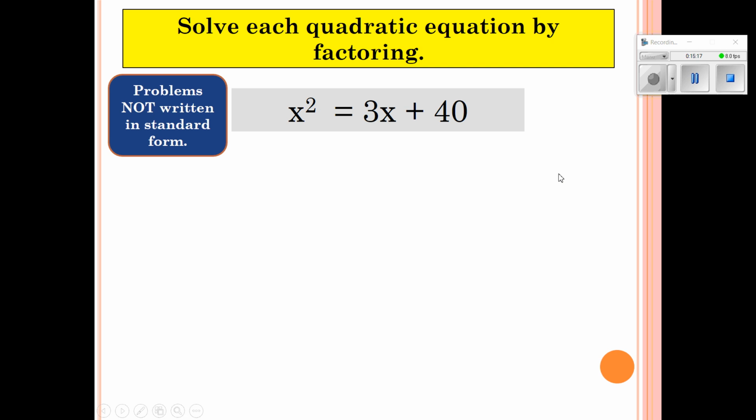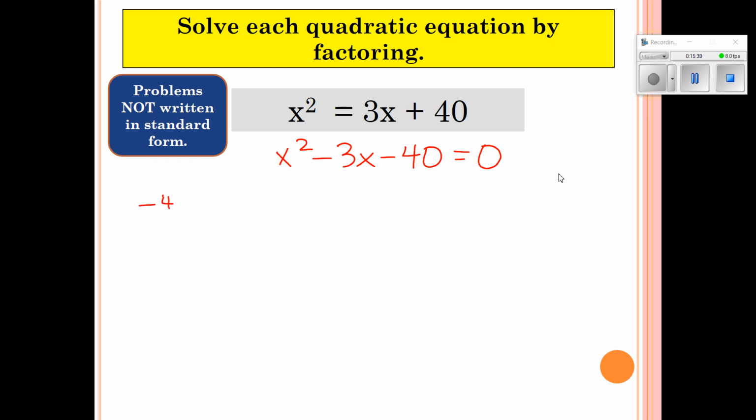More practice. That's not written in standard form. So I'm going to keep my leading coefficient positive. So I'm going to move everything to the left side. I'll make that a negative 3x and a negative 40, instead of equal to 0. 3 terms. The leading coefficient is 1, so I use reverse FOIL.